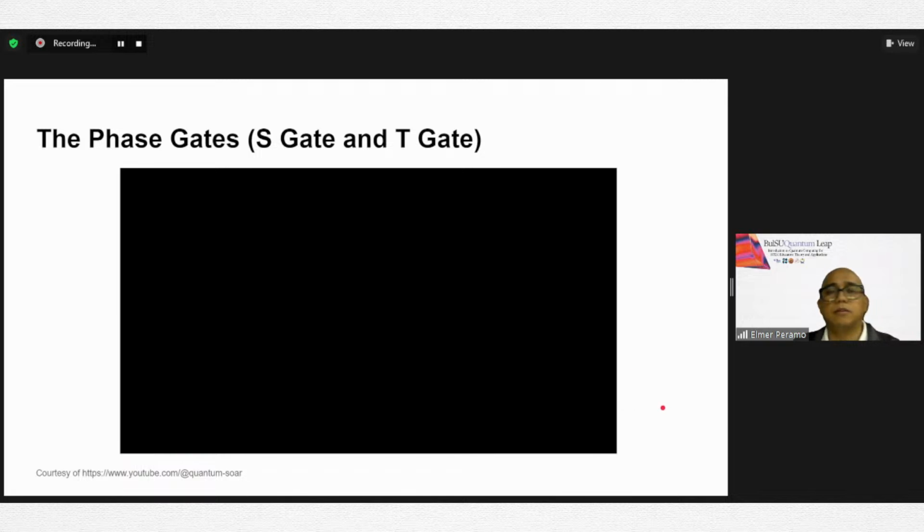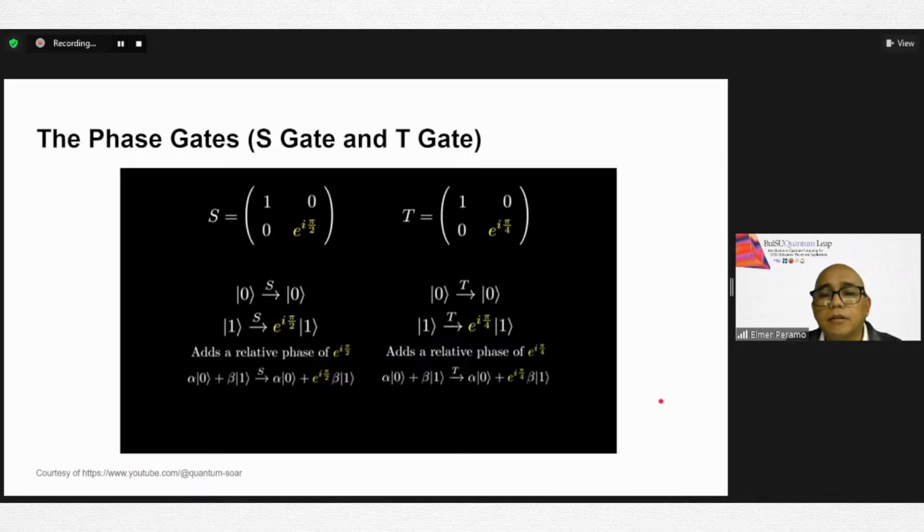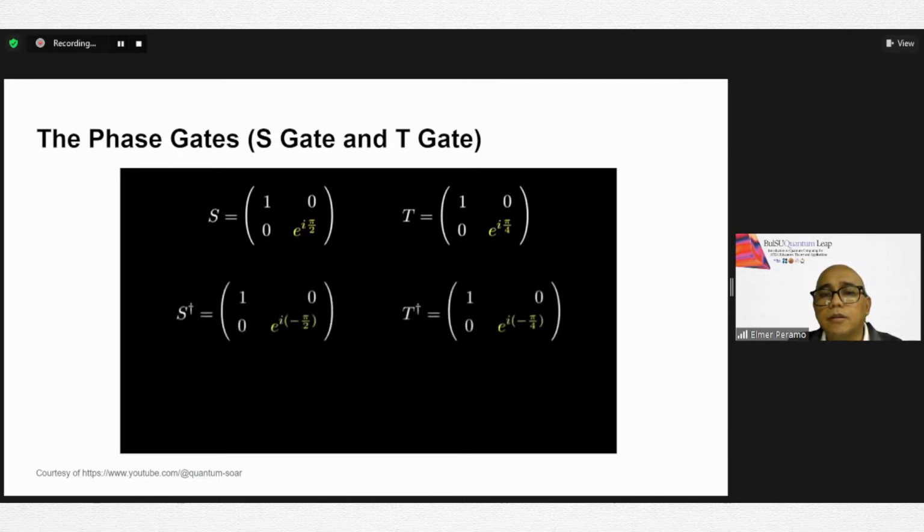Now that we understand relative phase, let's introduce two new gates, the S and T gates. The S gate adds a relative phase of pi on 2 radians. The T gate adds a relative phase of pi on 4 radians. If we take the conjugate transpose of the two matrices of the two gates, we get their inverses.